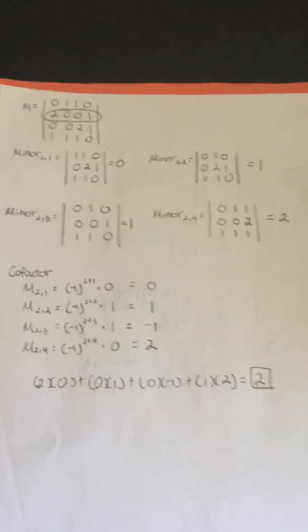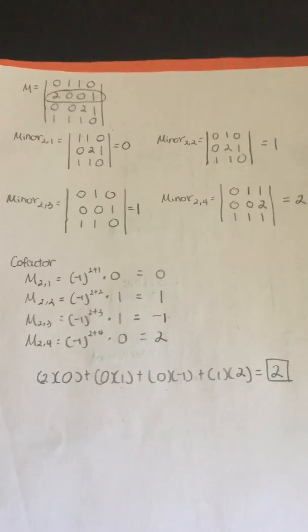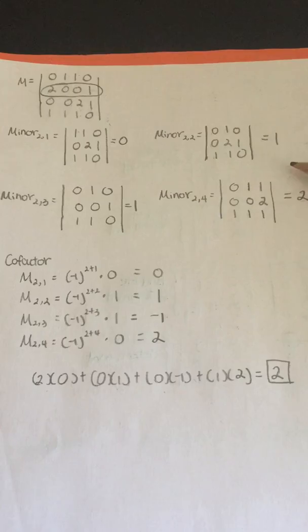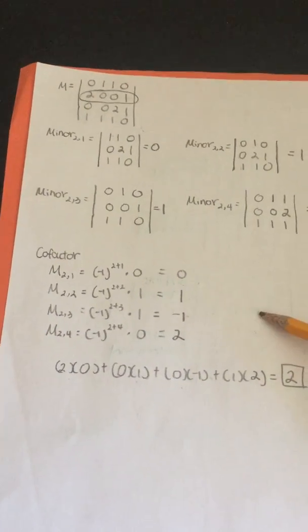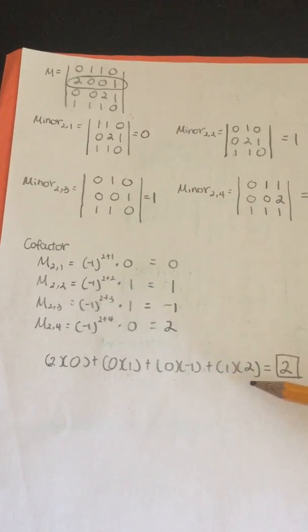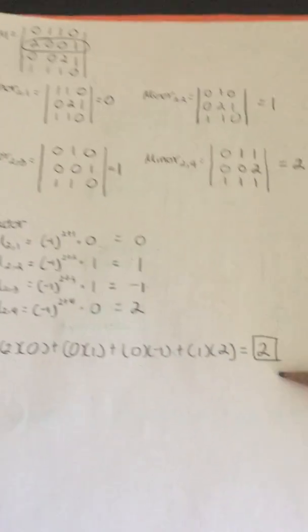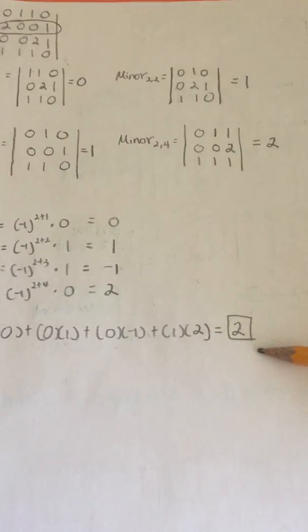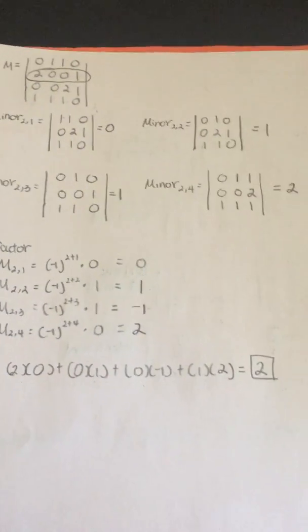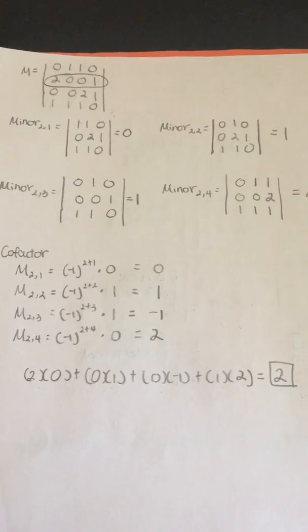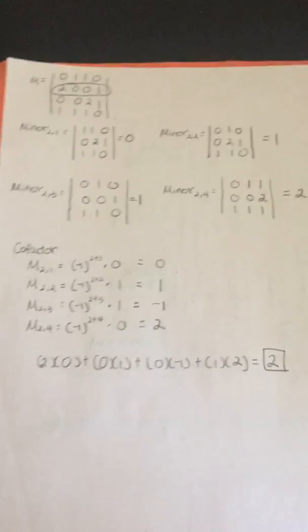And I basically follow the same procedure. First, I find the determinant of each of these entries, and then I find their cofactors, and finally I multiply each cofactor by its entry and add them. And as you can see, I also have 2 as the answer. So it shows that it does not matter which row or column you pick. Either way, you will get the same answer in the end.